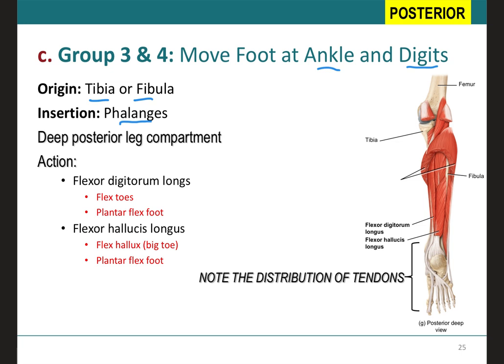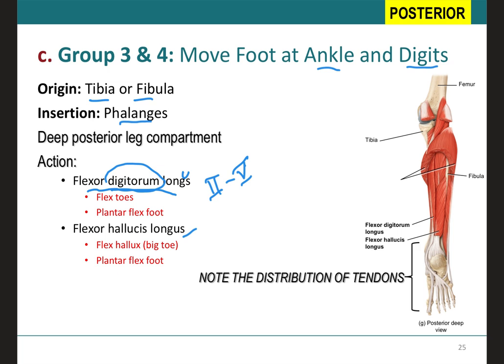We have 2 that you need to know, the flexor digitorum longus and the flexor hallucis longus. The flexor digitorum longus, like the name is telling you, it will flex the digits 2 through 5. Therefore, it will not flex the hallux because the hallux has its own muscle, which is the flexor hallucis longus.